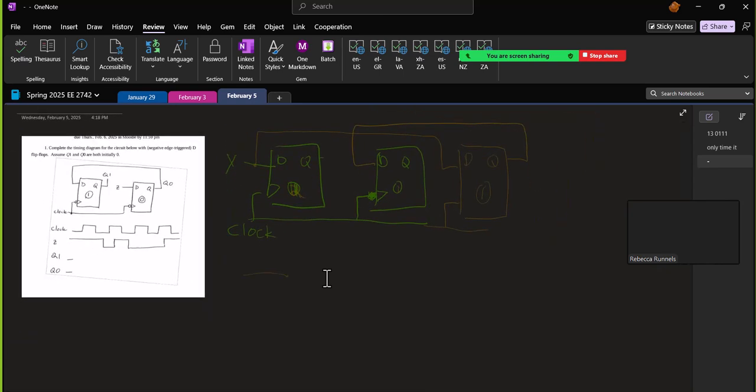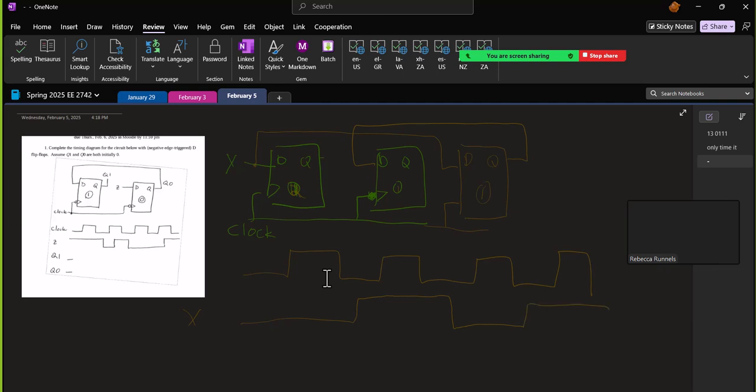Okay, so we have a clock. And I have my input, I called mine X. It's kind of hard to see that.